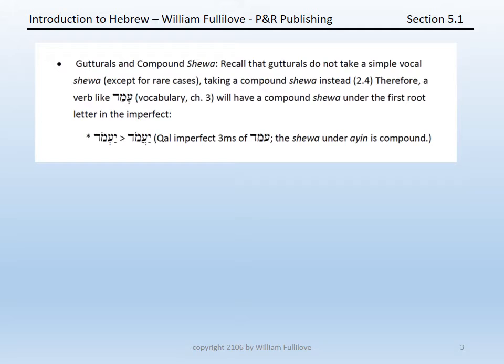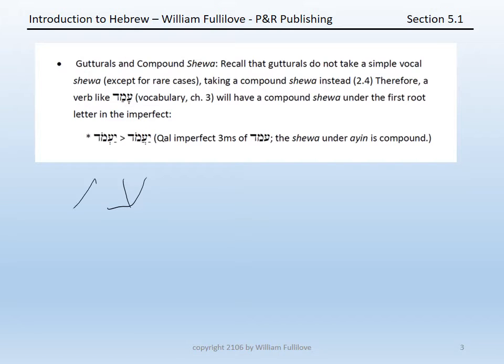Second, recall that gutturals do not take a simple vocal schwa except for rare cases. Gutturals instead tend to prefer a compound schwa. In any root that begins with a guttural letter, you will have cases in the imperfect where the first root letter shows a compound schwa.